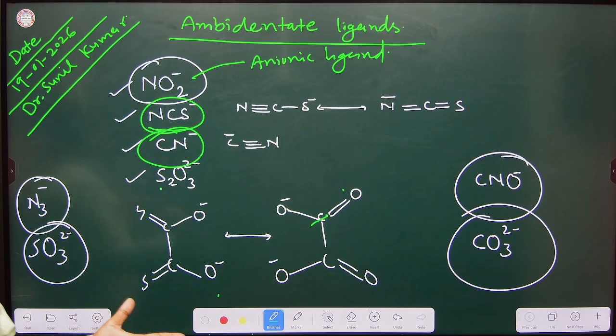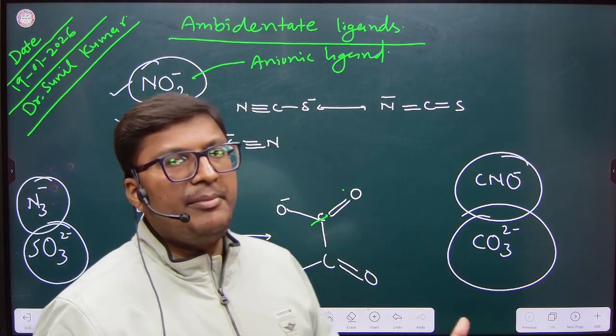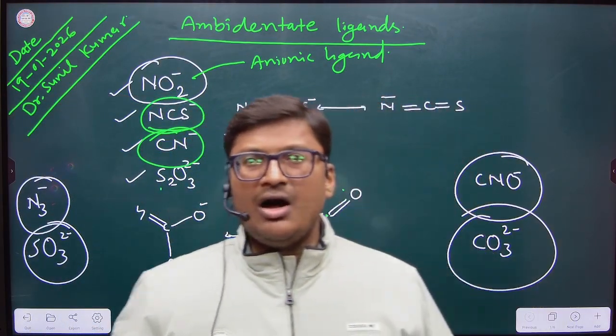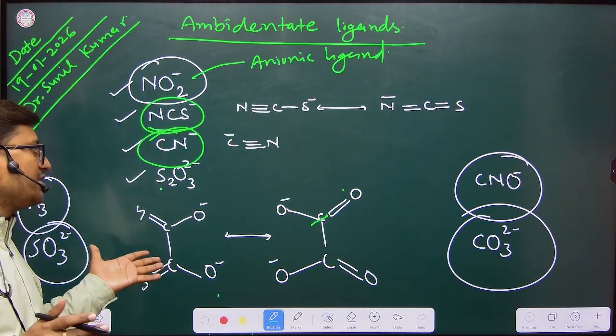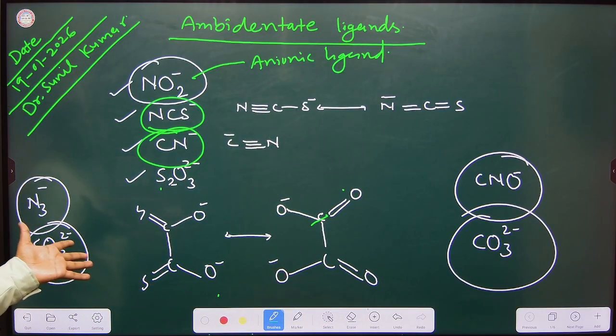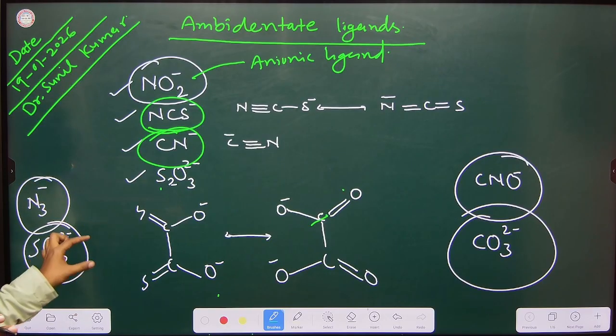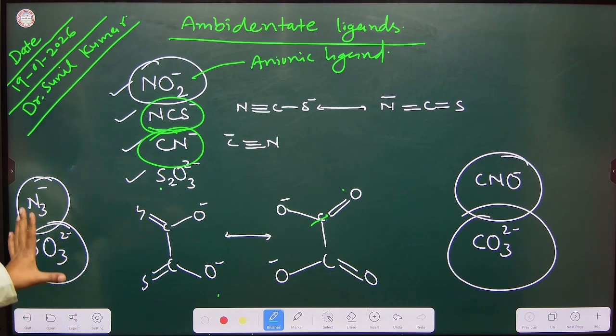So a hard Lewis acid, meaning a hard metal cation, will prefer hard ligand or hard donor sites, and a soft Lewis acid, a soft metal cation, prefers soft ligand donor sites.